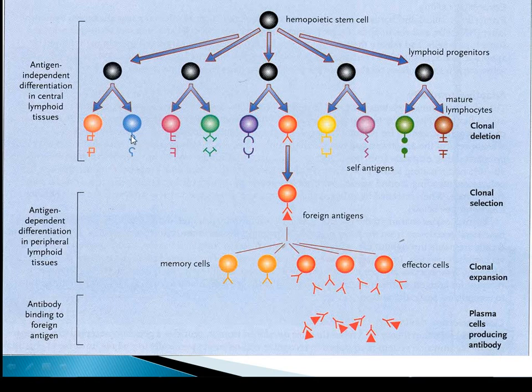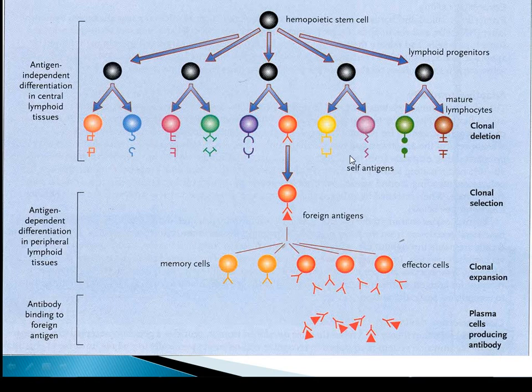So we have a lot of lymphocytes, each of which has its own receptors for recognition of its own antigens. Cell surface proteins that enable lymphocytes to interact with antigens are membrane-bound antibodies for the B lymphocytes, and T cell receptors for the T lymphocytes. And we have to know that the molecular structures of antibodies and T cell receptors differ. They are functionally equivalent in the ability to recognize and interact with specific epitopes.